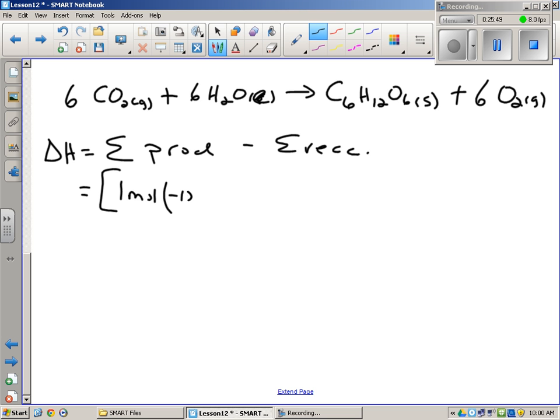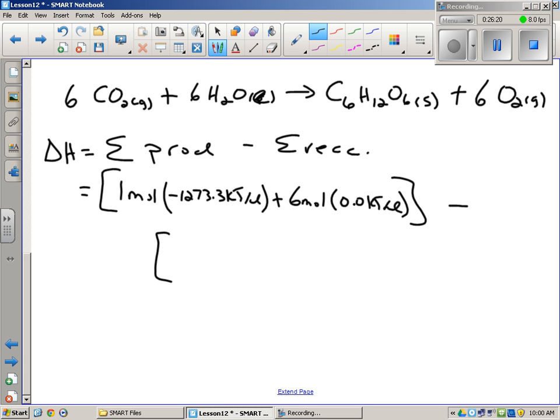Negative 1273.3 kilojoules per mole. And we're going to add on to that 6 oxygens. Once again, you might say, do I have to really put this in here? No, you don't. However, I'm going to. So the products, one mole of glucose, right? 6 moles of oxygen. Oxygen's an element, so 0.